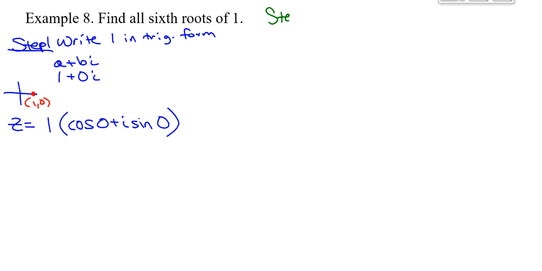Then for step 2, we're going to find the root. We're going to do this equation 6 times, and if you write it down and pay attention, it's a repeated pattern as we go.